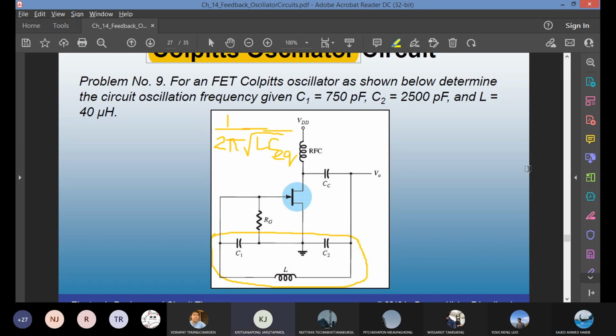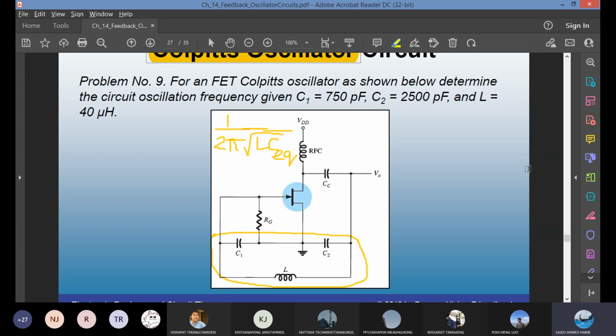What is the formula for the equivalent again? Like the capacitor equivalent. Series capacitor: 1 over C1 plus 1 over C2 equals 1 over C equivalent. So think of the parallel resistor. When you have two parallel resistors, R1, R2, what do you have? R1 R2 divided by R1 plus R2.